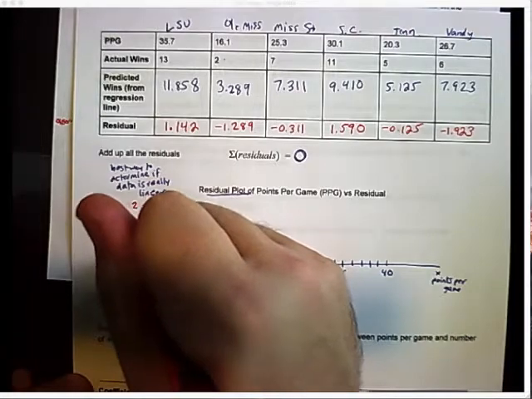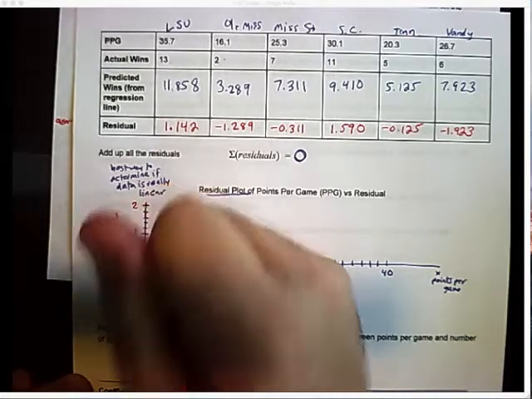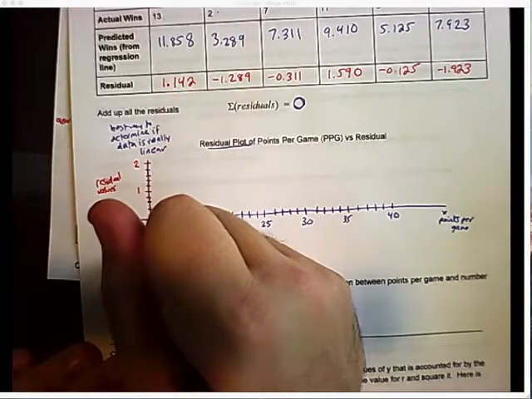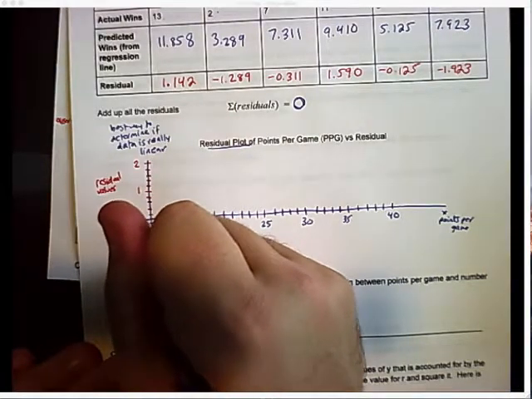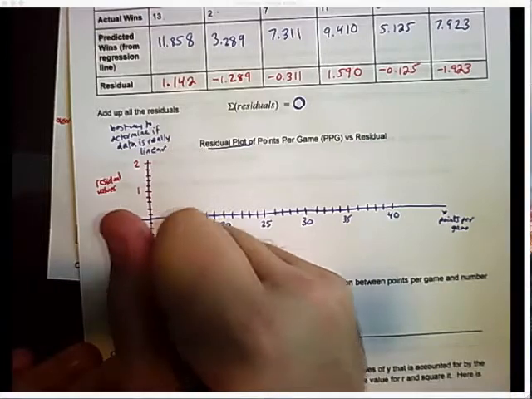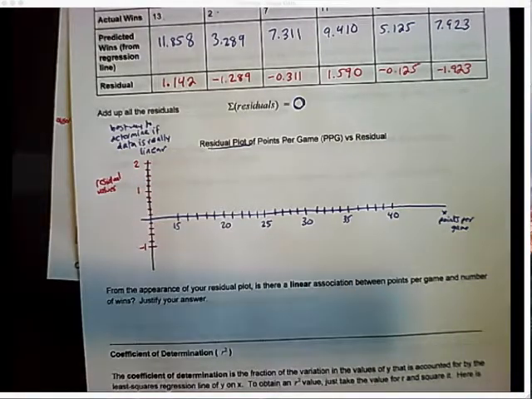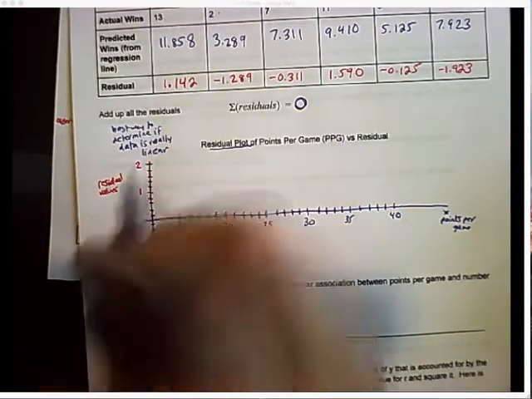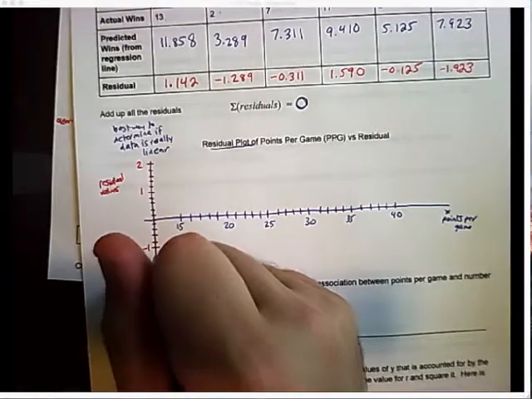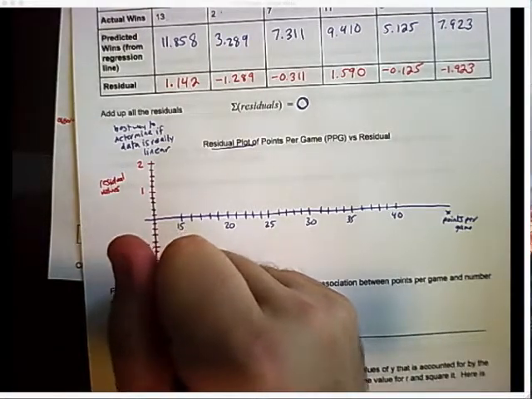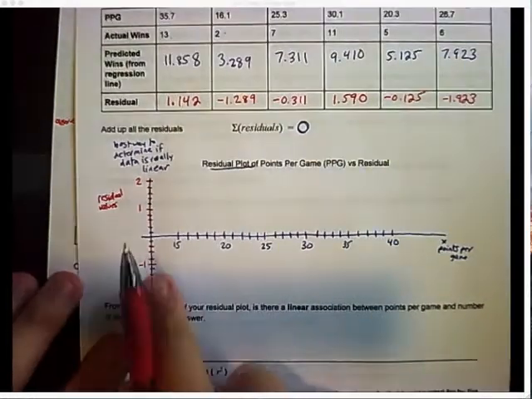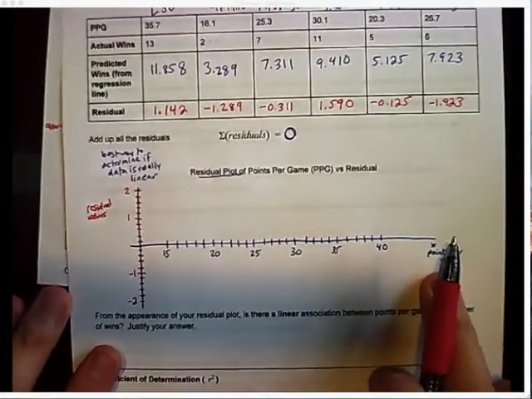Each tick mark is 2/10. I can do the same thing here. That's -1. That's -2. So I'm actually going to plot the points per game versus the residuals.